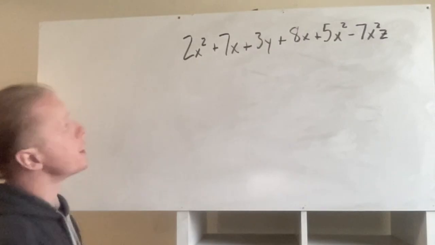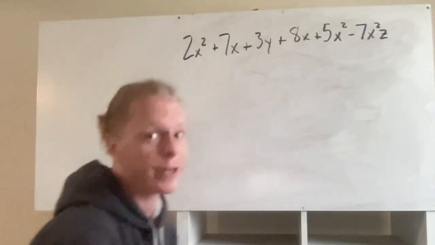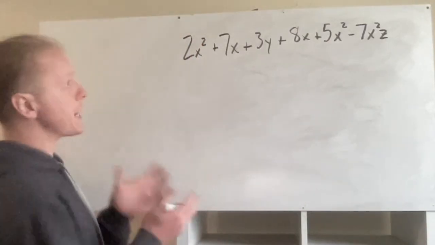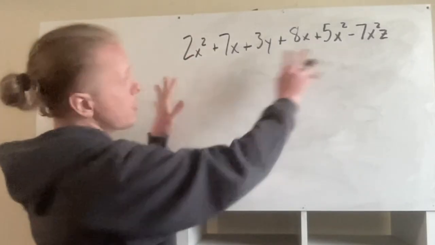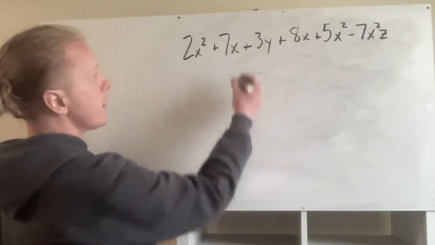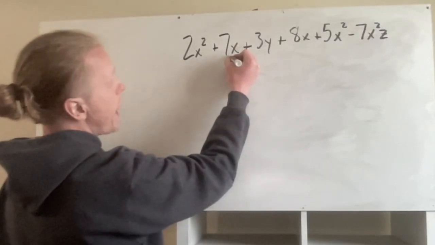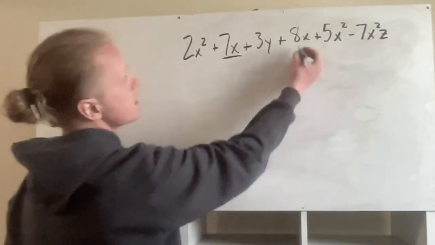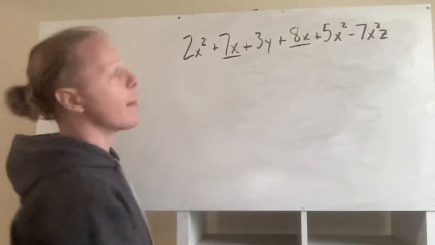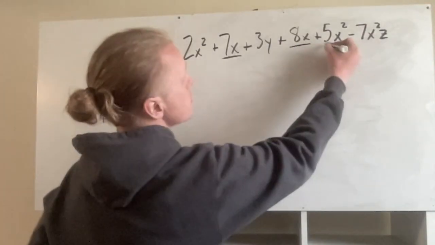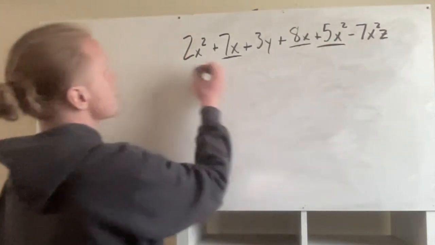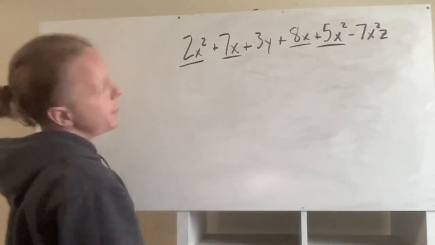Okay, so let's take a look at another algebraic expression and see if we can simplify it by combining like terms. So we need to look across all these terms and look for like terms. We're going to notice that there are 2 x terms, 7x and 8x. So I'll be able to add those 2 together. And then there are two x squared terms, 5x squared and 2x squared.